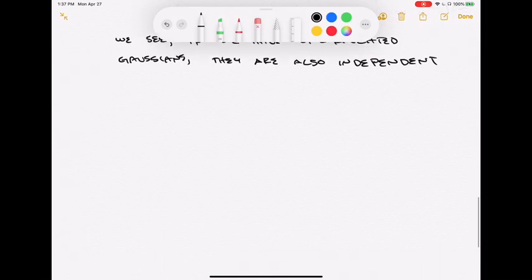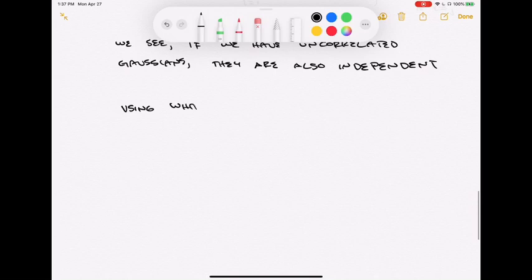There are some other things that we can do with this multivariate Gaussian. So we're going to use a little bit of what we learned before.